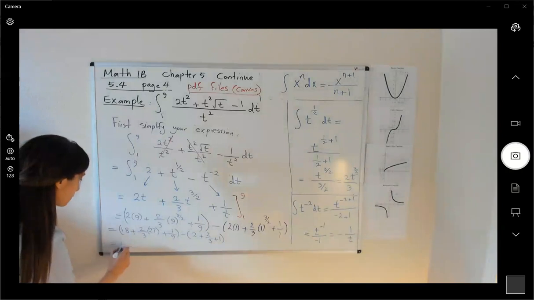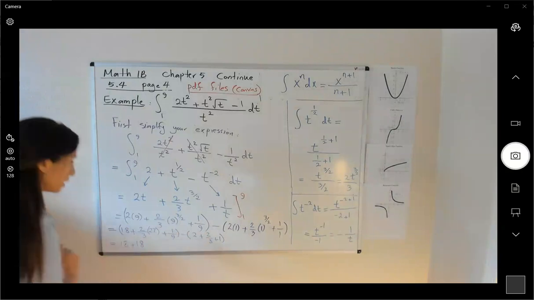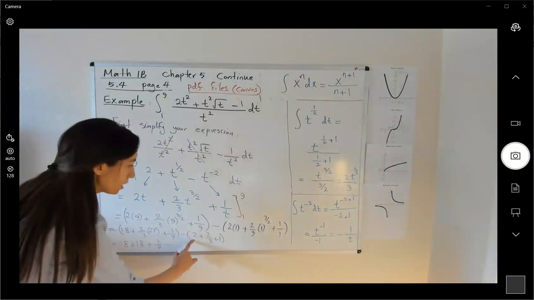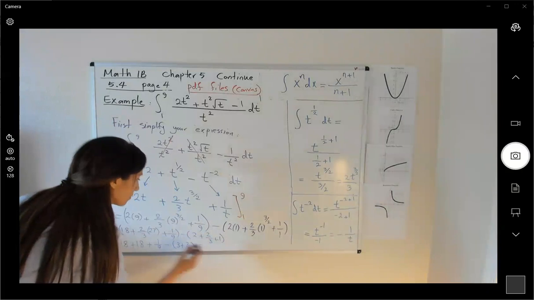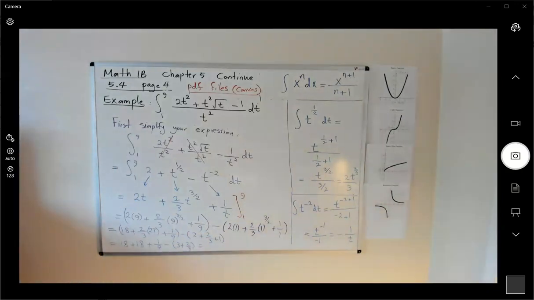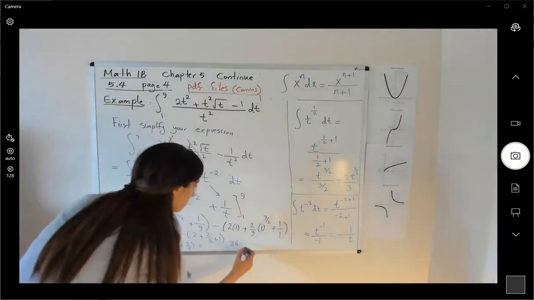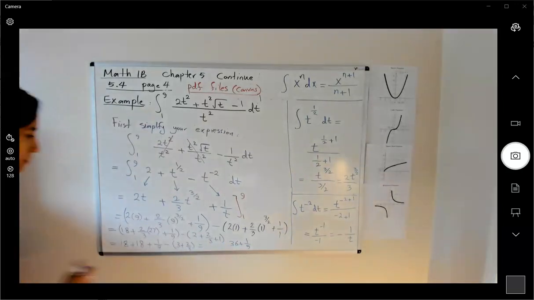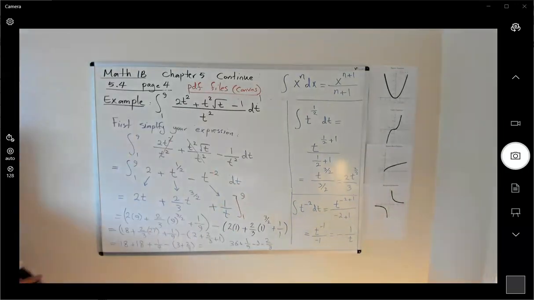This is equal to 18 plus, can cancel out these two, 2 times 9, 18 plus 1 over 9 minus 3 plus 2/3. Very well. 18 plus 18 gives you 36 plus 1 over 9 minus 3 minus 2/3.